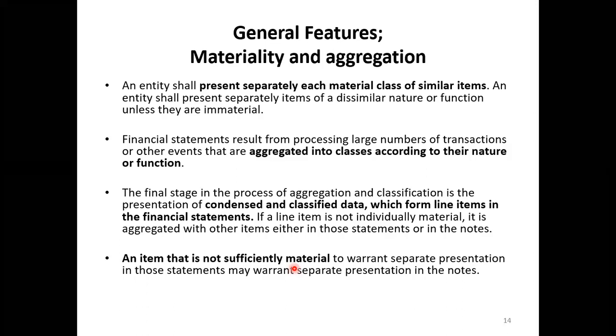It's aggregation. And all the administrative expenses are titled admin expenses. All the sales and distribution expenses are put together under the heading of sales and distribution expenses, finance cost, like that.